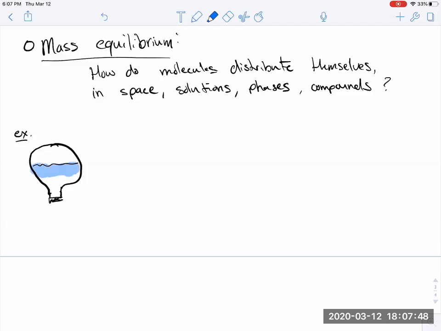So imagine I have one solution, the blue solution lives down here. Another solution, the yellow solution, lives up here. And there are solutes in that solution which partition themselves differently between the two different liquids. So a question of mass equilibrium would be where the solutes are in different solutions.